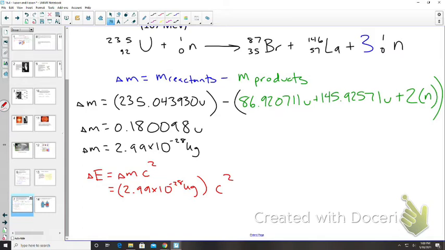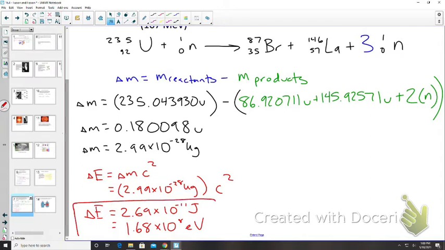Multiplied by c squared will give us a change in energy equaling 2.69 times 10 to the negative 11 joules, which in electron volts is 1.68 times 10 to the 8 electron volts. All right.